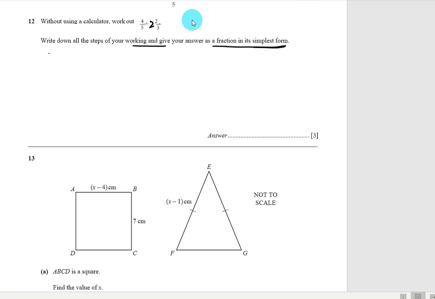So let us start. 4 over 5 divided by 3 multiplied by 2 is 6, 6 plus 2 is equal to 8. Now here is 5, here is 3. So I will multiply here by 3 and multiply here by 3, and here I will multiply by 5.